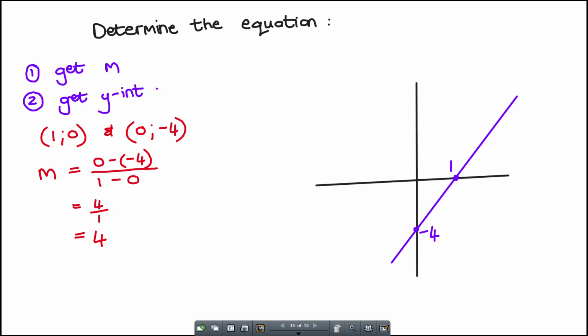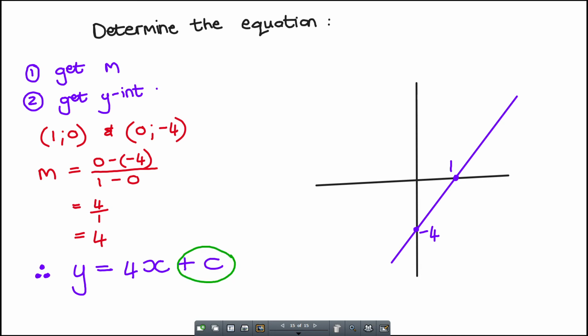Dadelik weet ek dat my vergelyking gaan wees y is gelyk aan, en in plaas van m, 4x, en nou kort ek nog daai plus c. Now, what is this plus c?